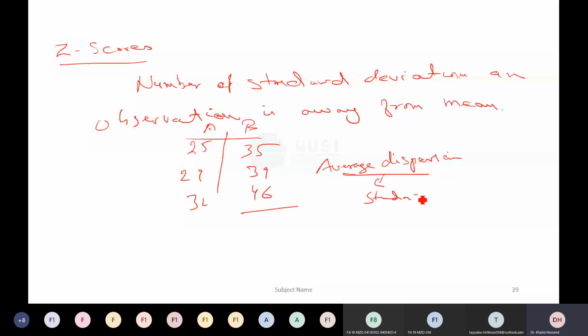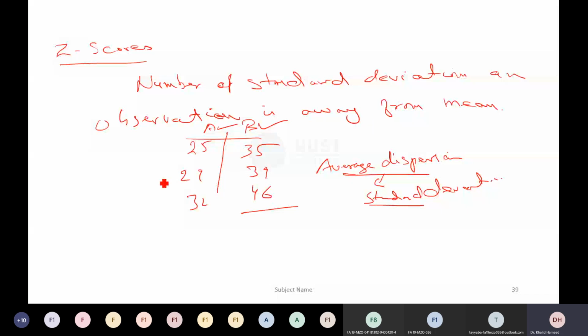You calculate the standard deviation of data set A and of data set B, and then you can tell that in case of data set A I have this much average dispersion, and in case of data set B I have that much average dispersion.